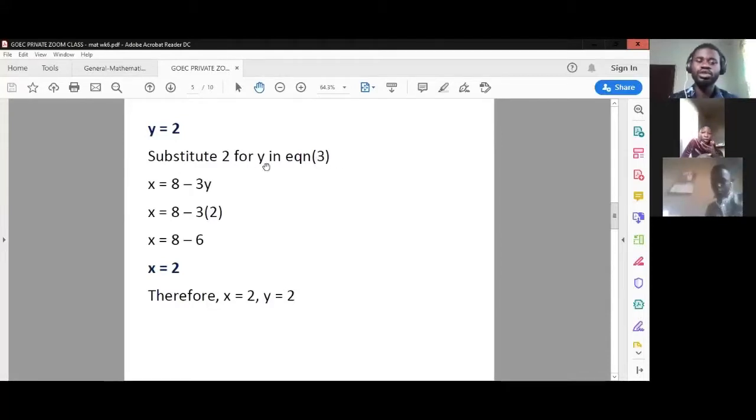That is step 6. Then step 7, simplify until you get an answer for the second unknown.